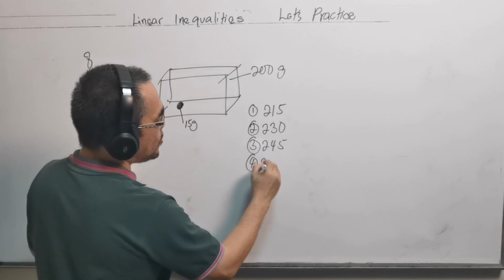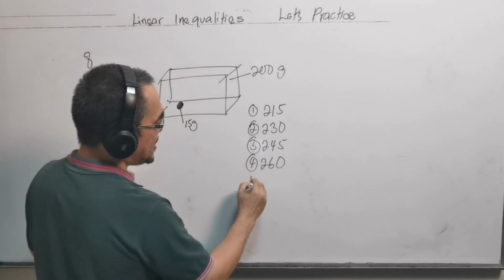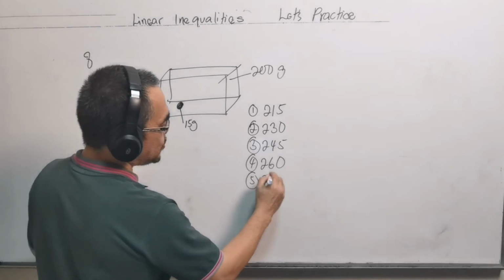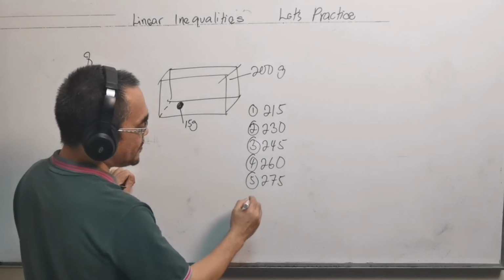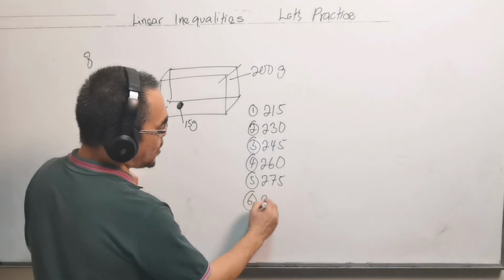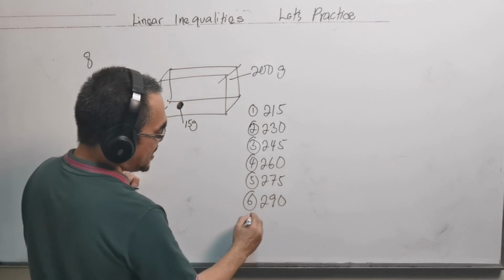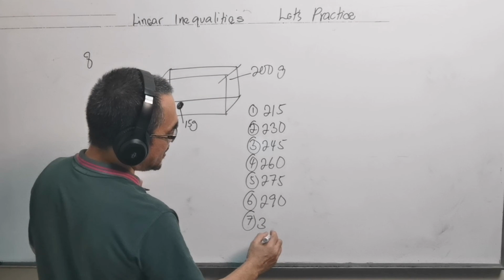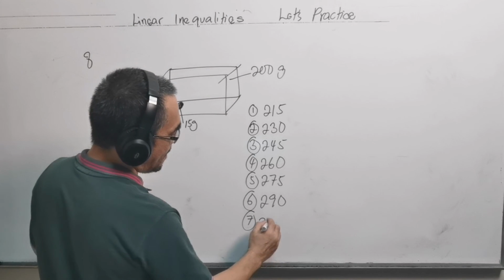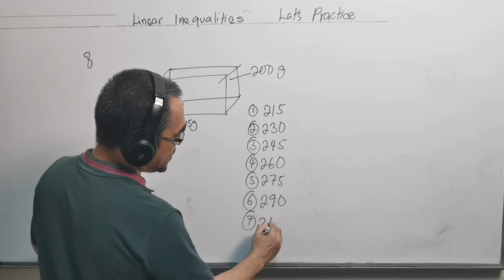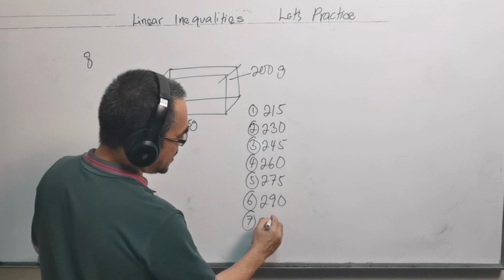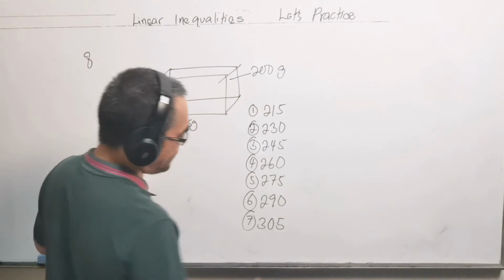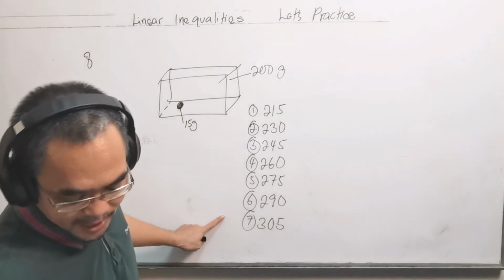You put 4 will be 260. You put 5, 275. You put 6, 290. You put 7 will be 305. Okay, this is the first time.